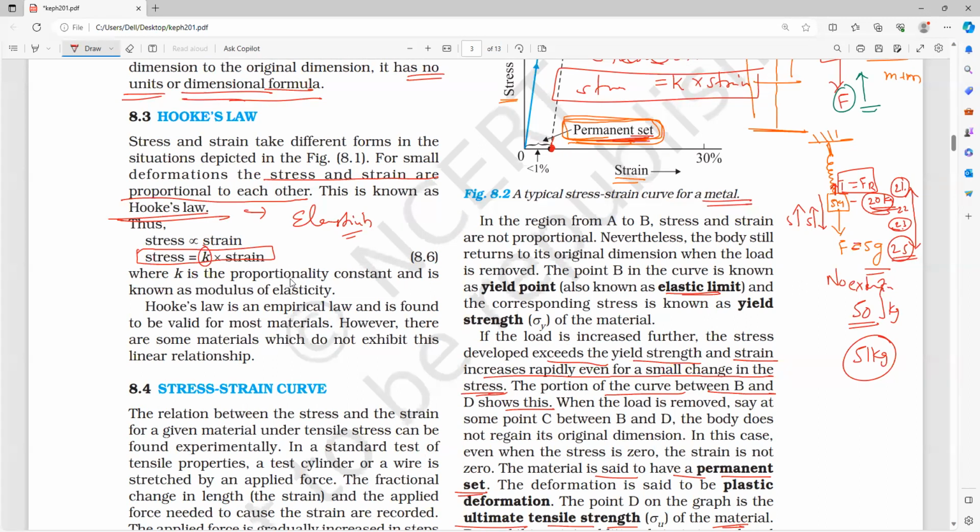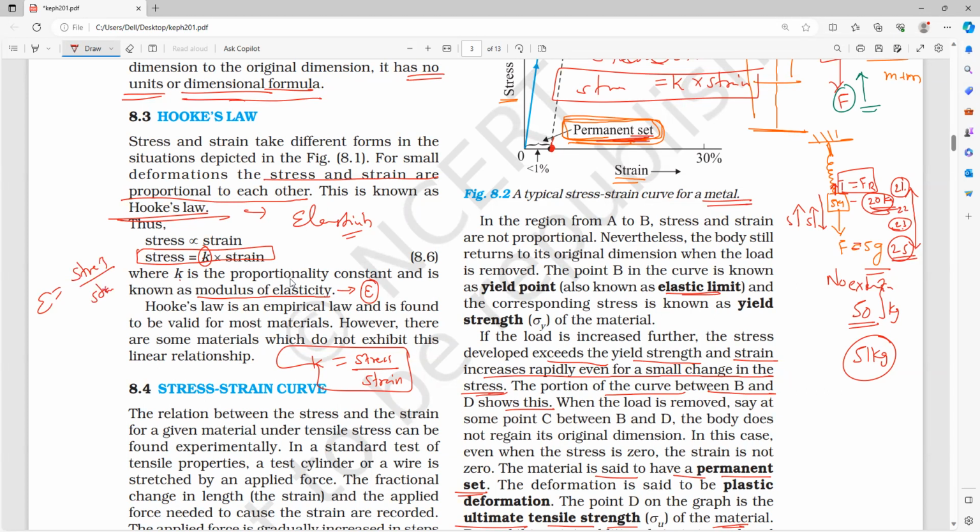This K we call the modulus of elasticity. The symbol of modulus of elasticity is E, actually epsilon. You can write E also. Note it, the K or E, whatever it is. So K is equal to stress by strain. Or we can say epsilon is equal to stress by strain.